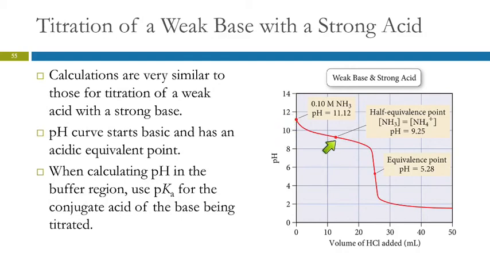The half equivalence point, the pH will equal, I believe that would be the Kb. And so up here, you have a buffer going on, and so you can use the pKa of the conjugate acid. Down here, you've got excess hydronium ion.